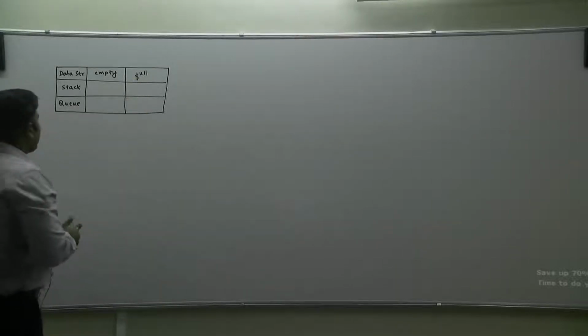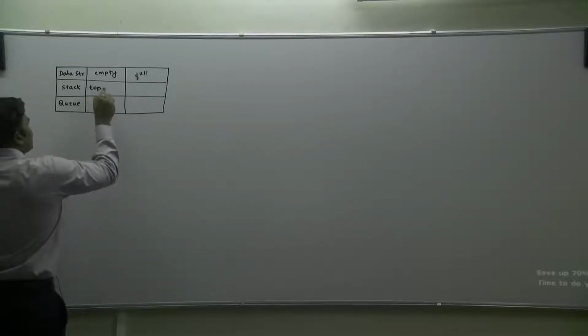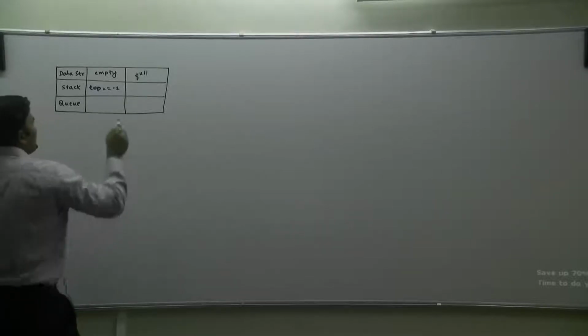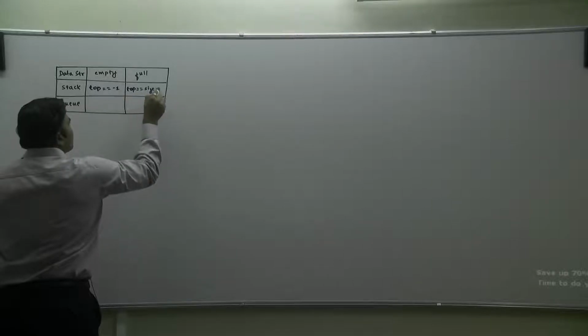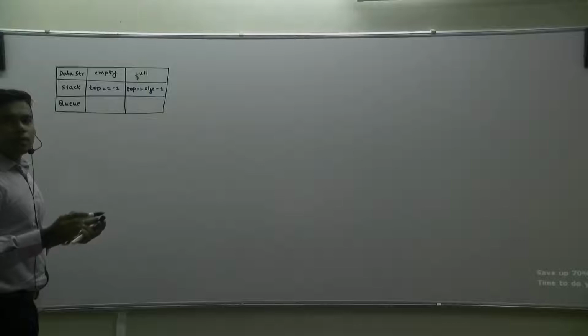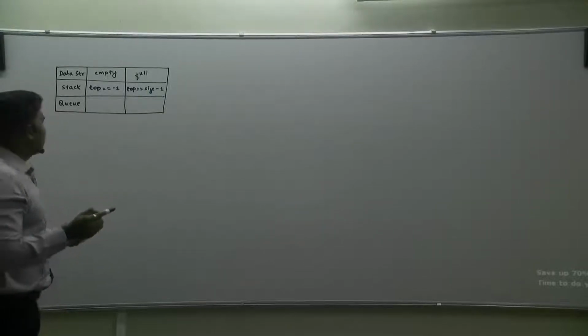You know that when top equal to -1, we say that the stack is empty, and when top is equal to size -1, then we say that the stack is full. I hope you recollect. In the previous lectures you have learnt this.